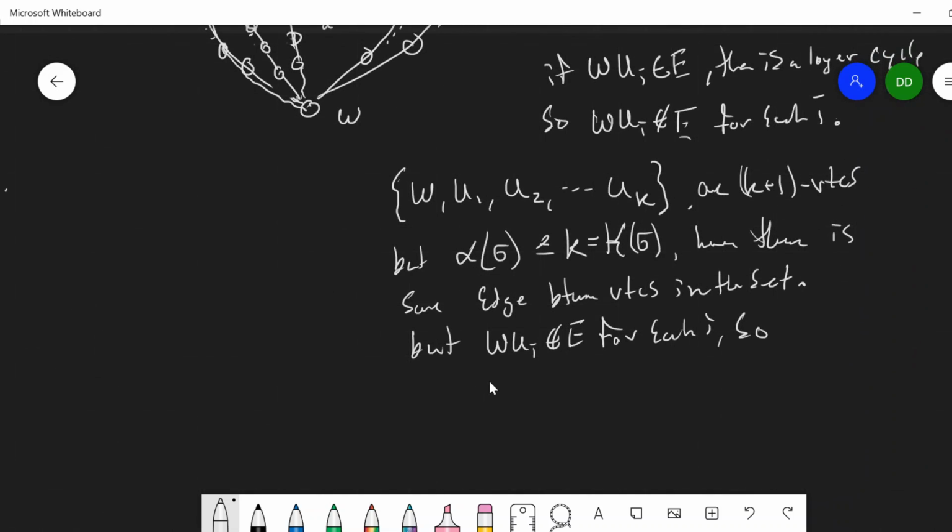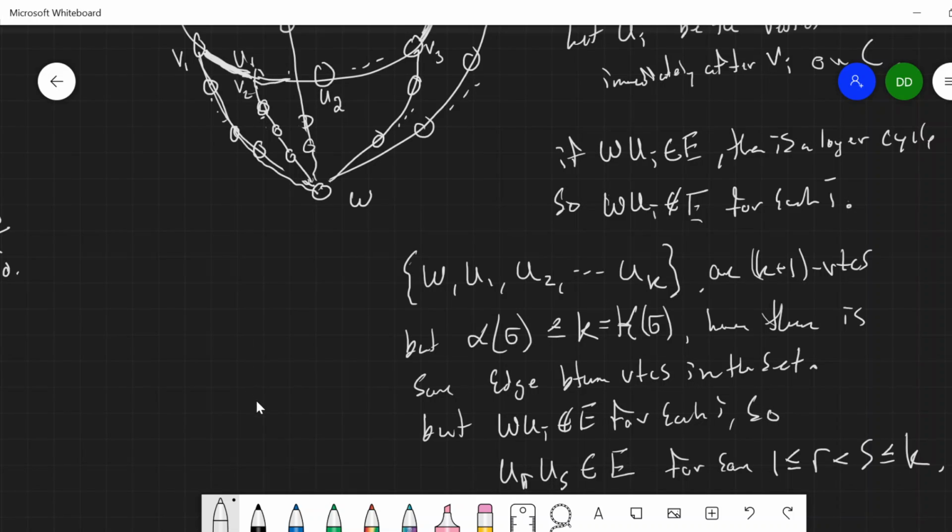So that is U sub R, U sub S is an edge for some 1 less than or equal to R, less than S, less than or equal to K. So 2 of these U sub i's must be adjacent.